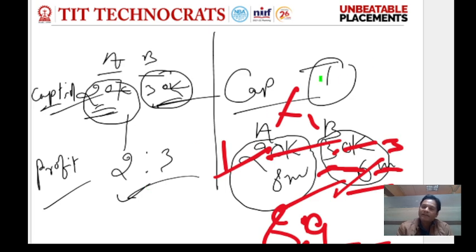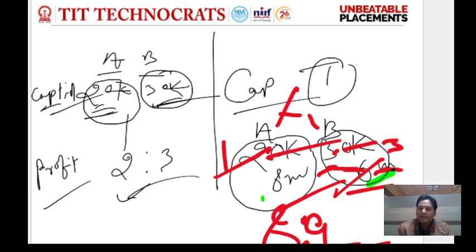In the next case, if the capital and time both are given, we make the ratio like this. We will multiply the capital into time of both partners, and then find the ratio of their profit. As you can see here, A invests 20,000 and B 30,000 rupees, A for 8 months and B for 6 months.